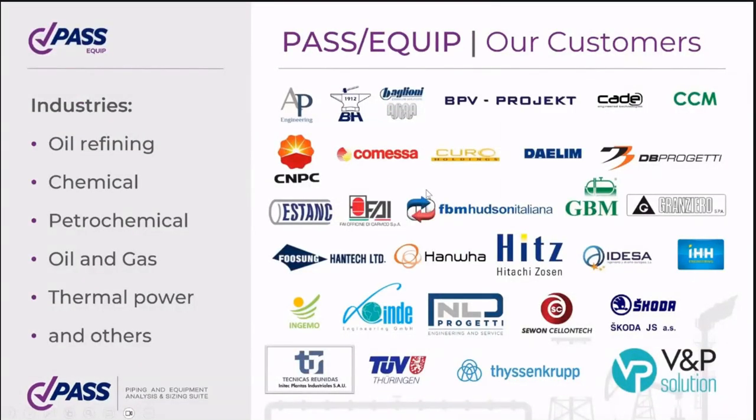Here are some examples of our users in different industries such as oil refining, chemical, petrochemical, oil and gas, thermal power, and others. You see some famous names here, like ThyssenKrupp, Technicas Reunidas, many Italian companies, German companies, and so on, a Korean company.